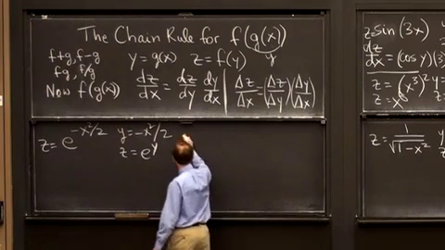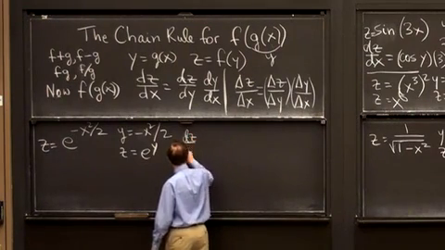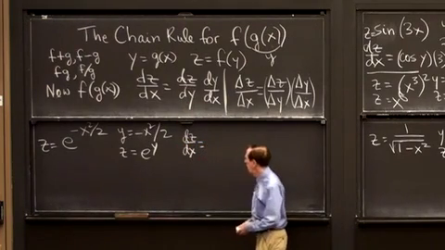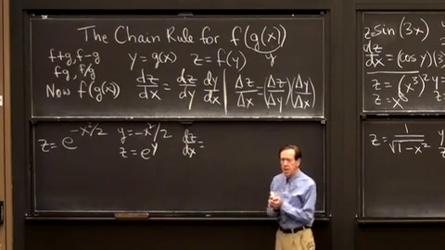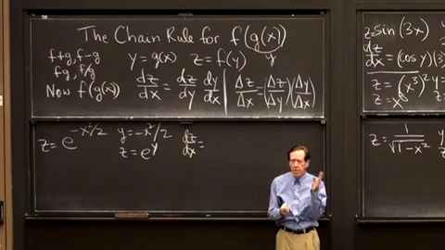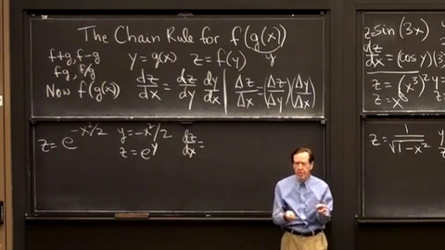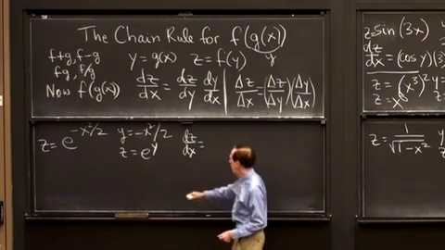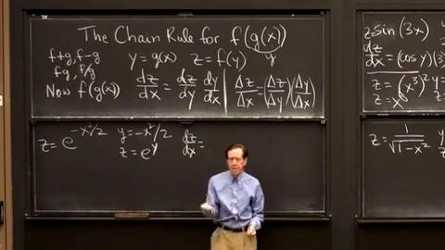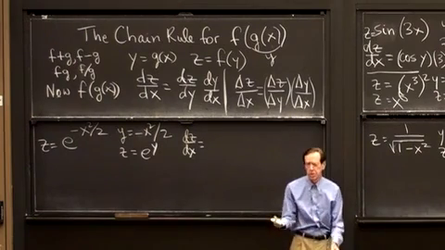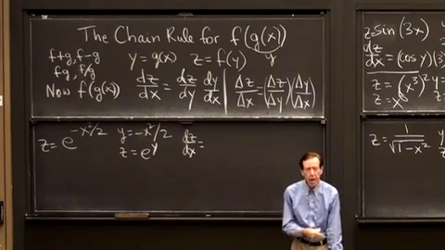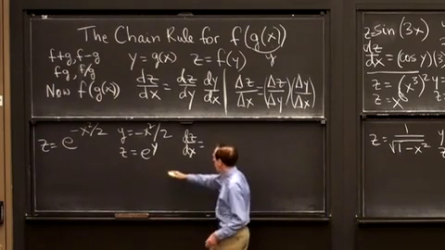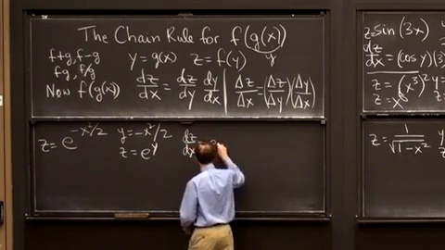So dz dx, let's use the chain rule. Again, it's sitting right above. dz dy. So I'm going to take the slope, the derivative of the outside function, dz dy, which is e to the y, and that has that remarkable property, which is why we care about it, why we named it, why we created it: the derivative of that is itself.